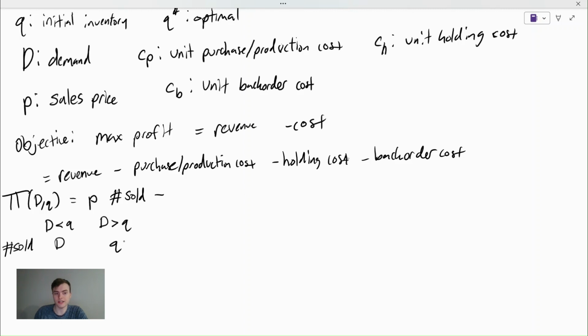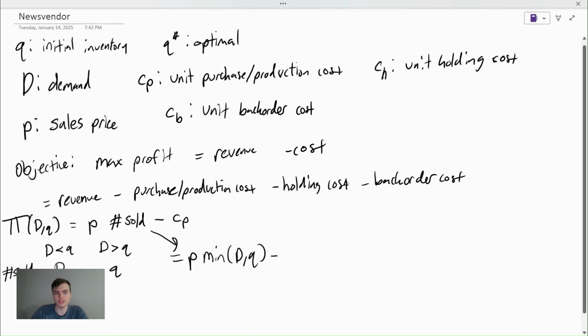So our expression for this number of units sold, right? We're going to have the P out front still, and we're saying if D is less than Q, then we sell D. If D is greater than Q, then we sell Q. So the number sold is the minimum of D and Q. And then for purchase cost, we have this unit purchase/production cost.